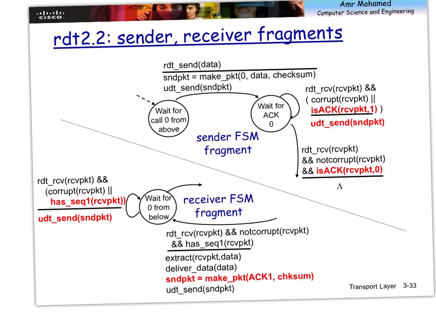For both cases, the action is to send the same acknowledgement again. So either I receive a duplicate packet or I receive a new segment, but in error. In both cases, I will send the previous acknowledgement to indicate that the last segment that I received successfully is actually 1.